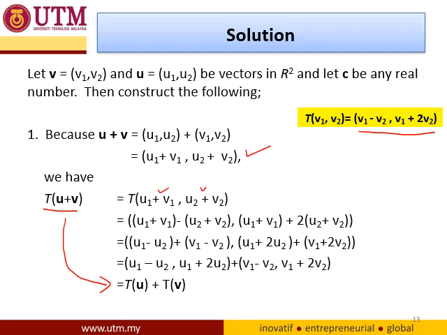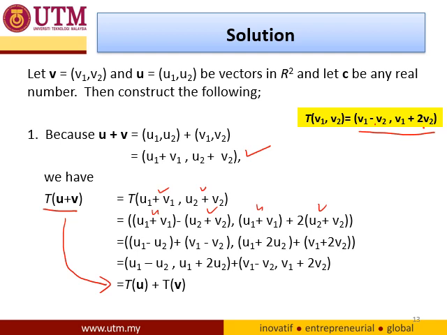So this is our U, and this is our V, right? So U1 plus V1 and U2 plus V2, which is this one, and then you simplify it.